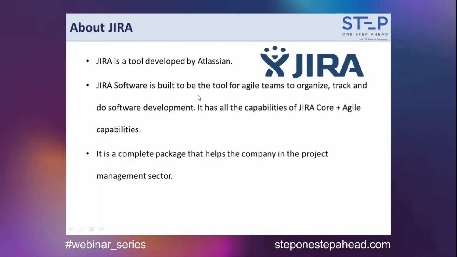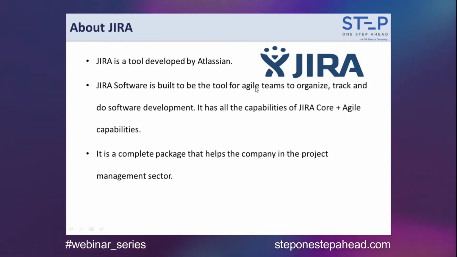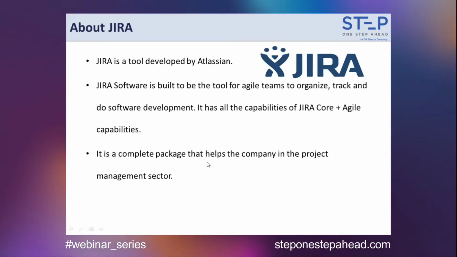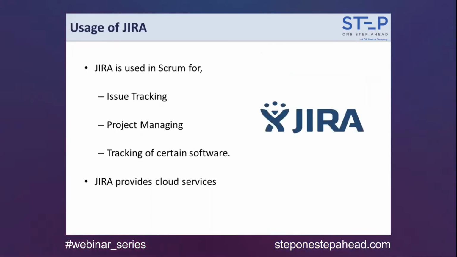Jira Software is a tool built for agile teams to organize, track, and do software development. It has the capabilities of Jira Core and agile capabilities. So overall you can say Jira is a complete package which a company wants for managing a project.